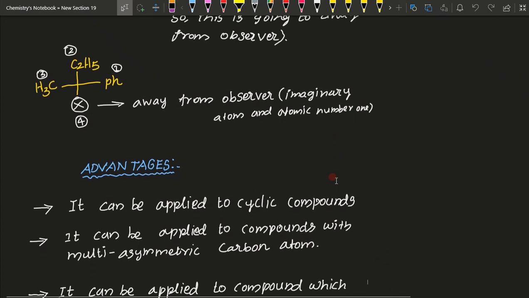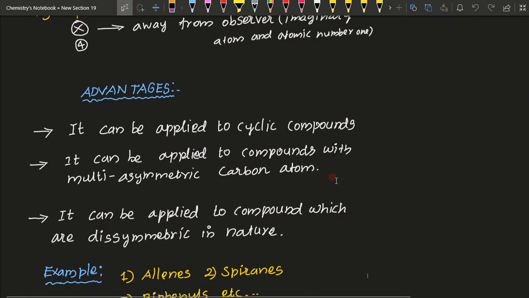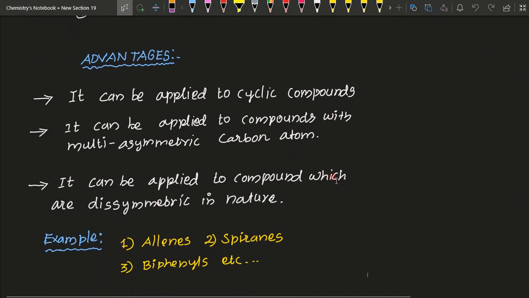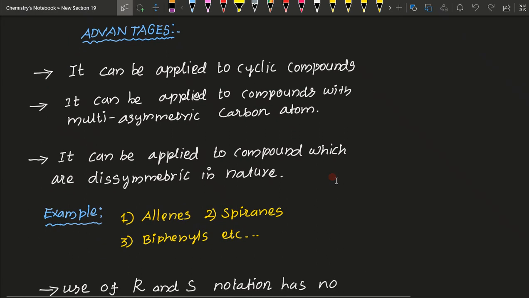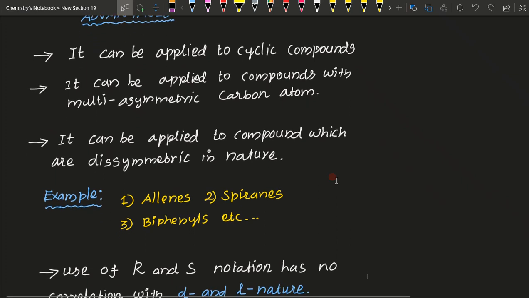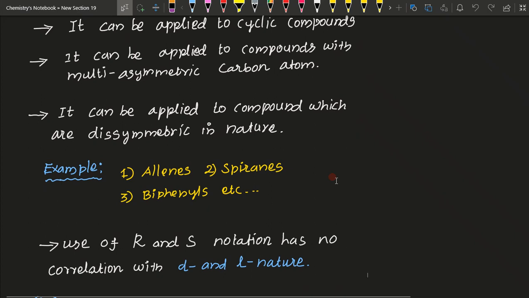Next, advantages, it can be applied to cyclic compound. Cyclic compound means benzene or cyclohexane. It can be applied to compound with the multi-asymmetric carbon atom. Multi-asymmetric carbon atom is chiral carbon atom.